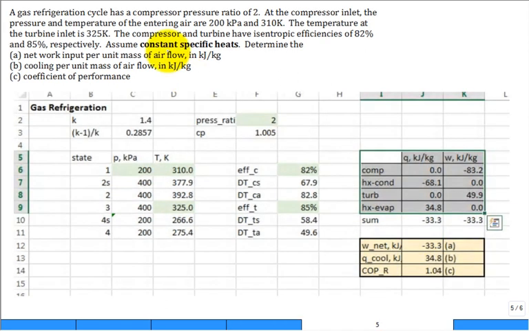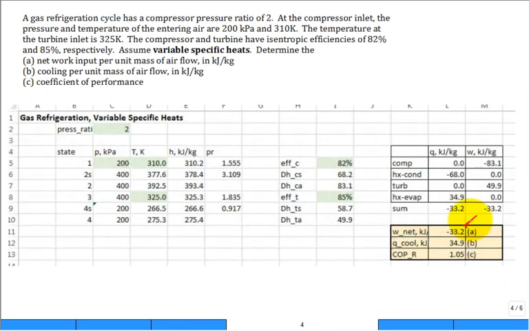So you come over here and you do it for constant specific heats. There you would use the k for air ratio, k minus 1 over k. Use this value, c sub p, and it almost agrees to 3 significant digits. Instead of being negative 33.3 with variable specific heats, it was negative 33.2. Full credit either way. How's that? Make you happy? Yeah.